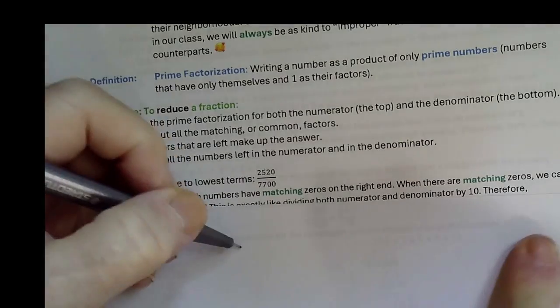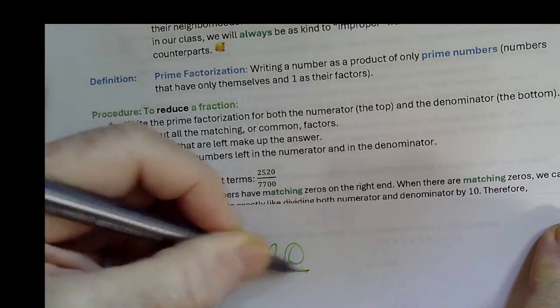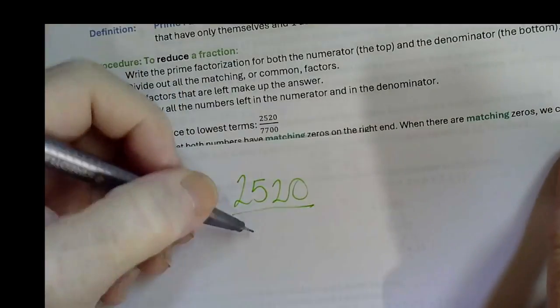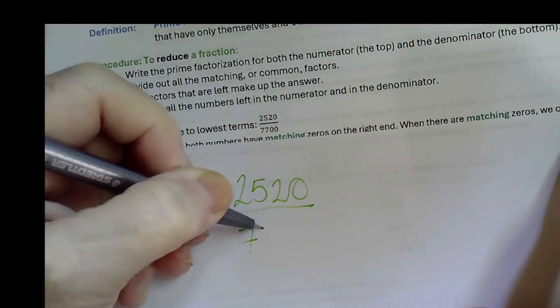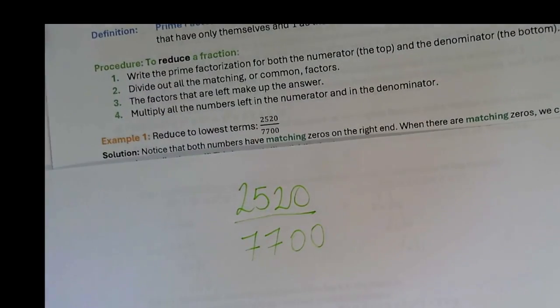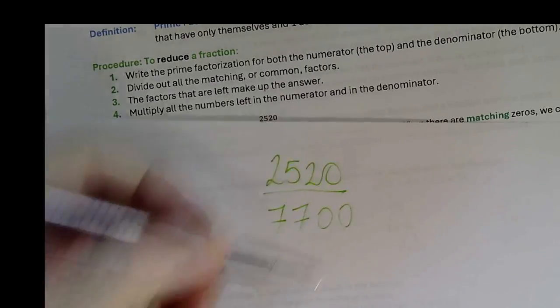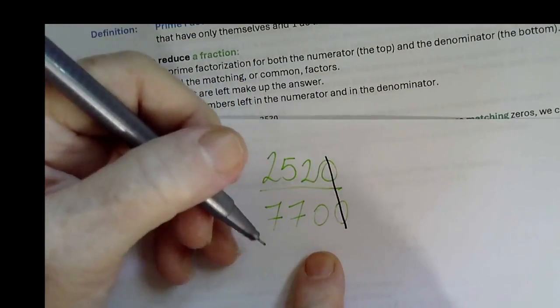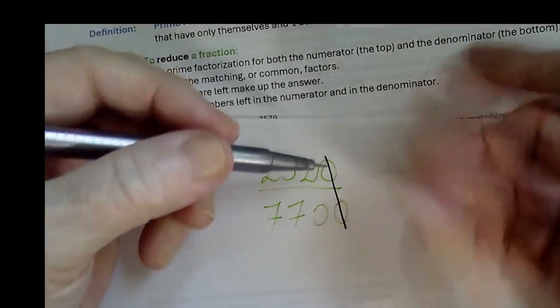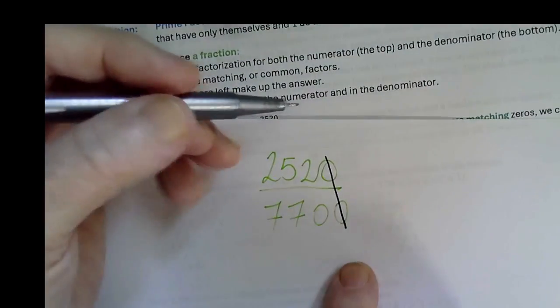So let's see. 2,520 divided by 7,700. And is there something we can do with those zeros? Very good, yes. When numbers above each other, or above and below each other, have a matching zero on the right, we can strike it out.